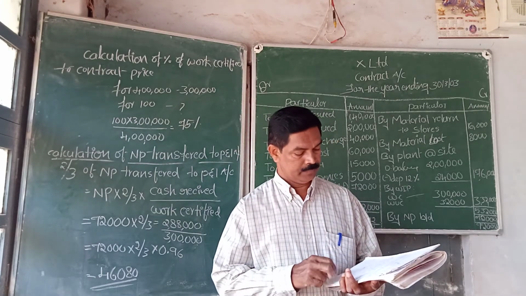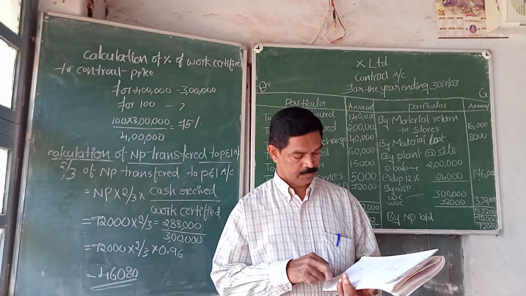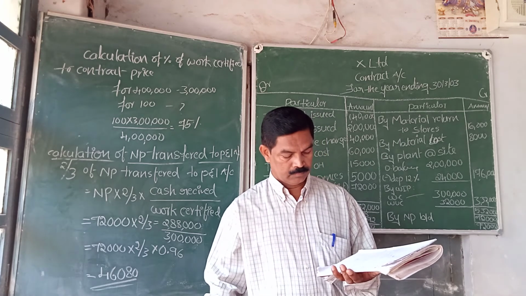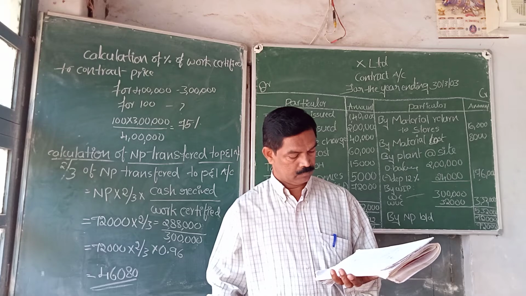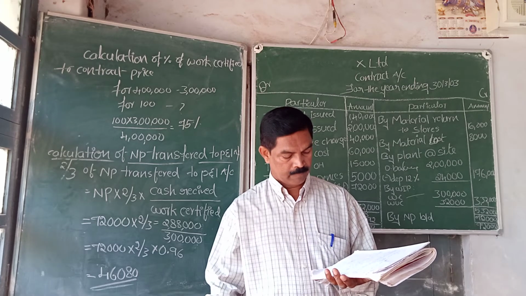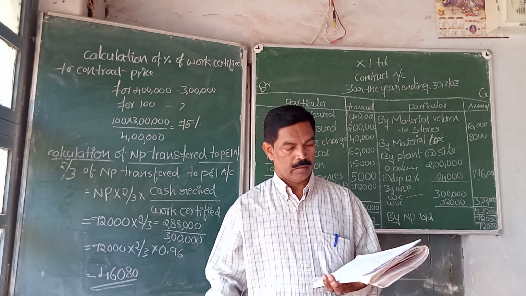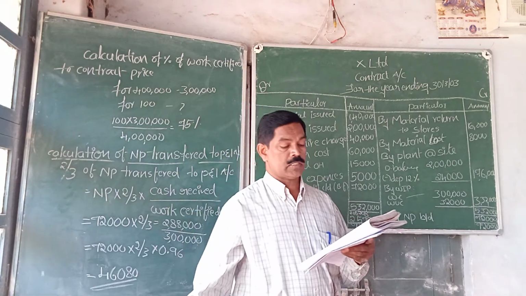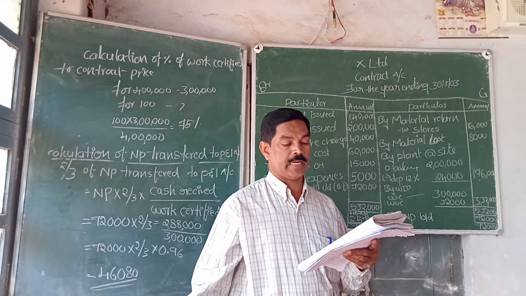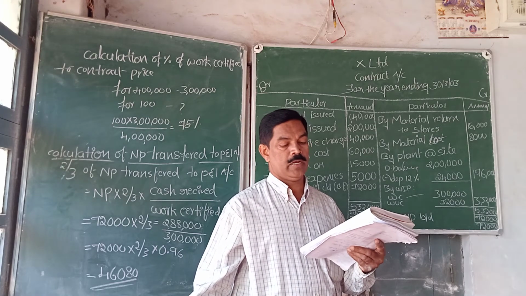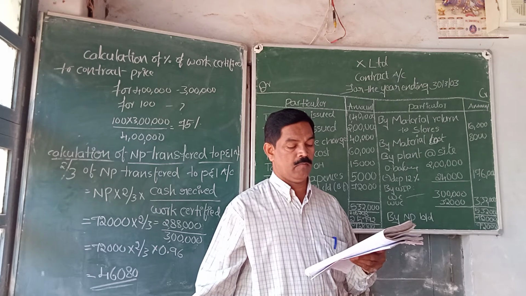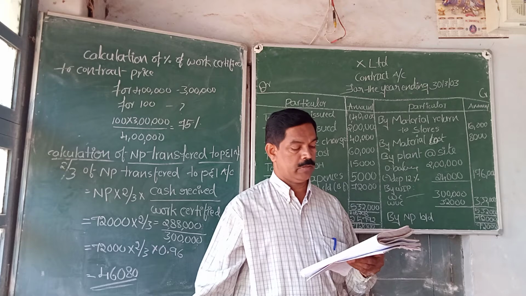Then one more thing is there: the estimated cost for completion, X 27,000, Y 22,200. Date of commencement X 1/4/2002, Y 1/12/2002.